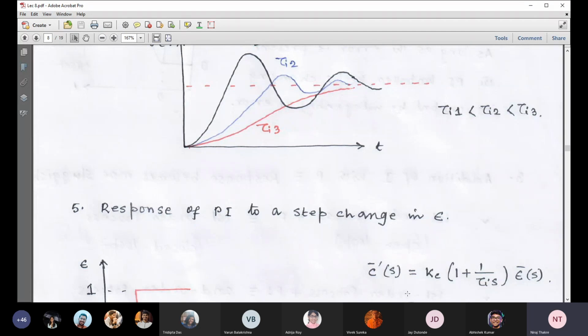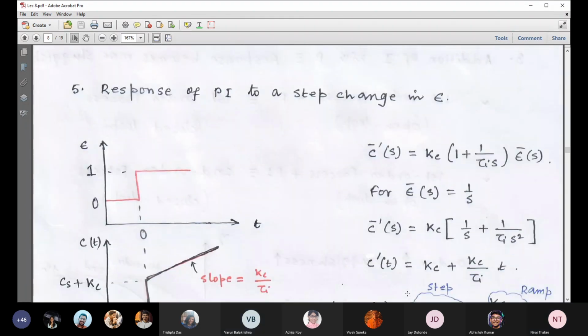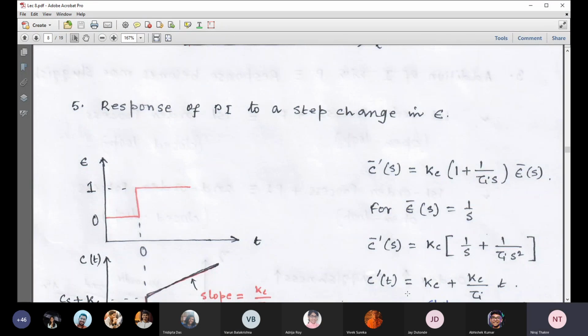Anyone else got this expression? Yes, sir. What is the expression? Tell. Sir, it is Kc into 1 plus t by tau I. Yes, correct. You see, this is the answer.